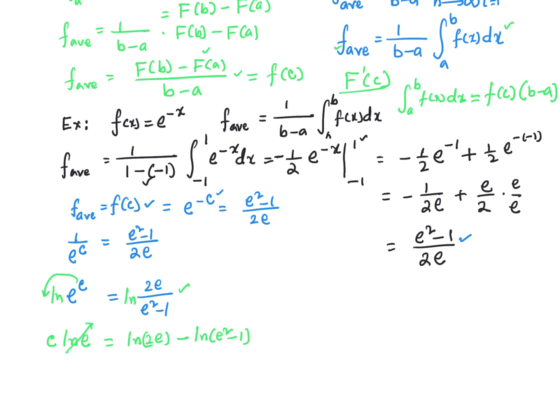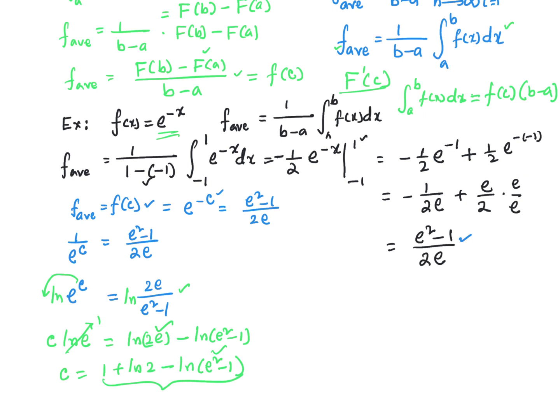Now ln of e is 1, so c is equal to 1 plus ln of 2 minus ln of e squared minus 1. So at this point where the function achieves its average, if you plug this value into e to the power negative x, you're going to get the average value.